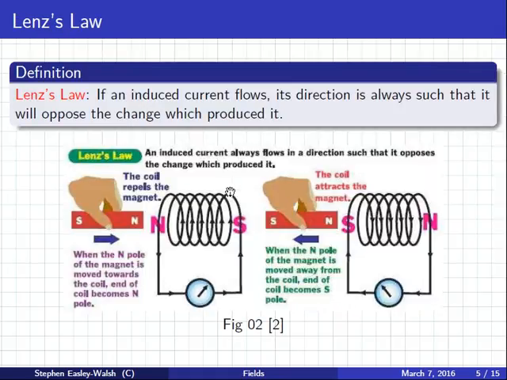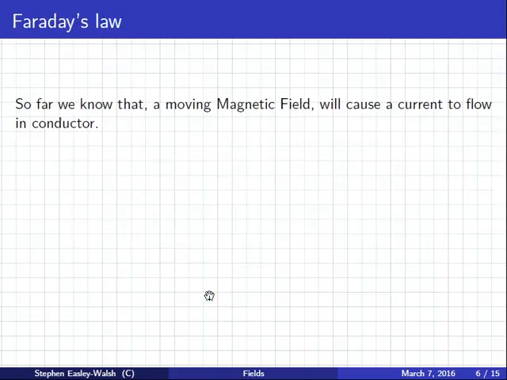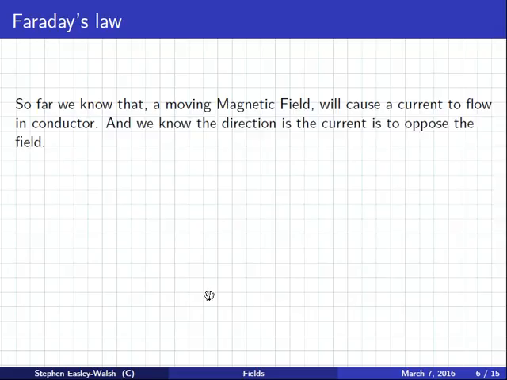So far we know that a moving magnetic field will cause a current to flow in a conductor, and that the direction of the current is to oppose the field.